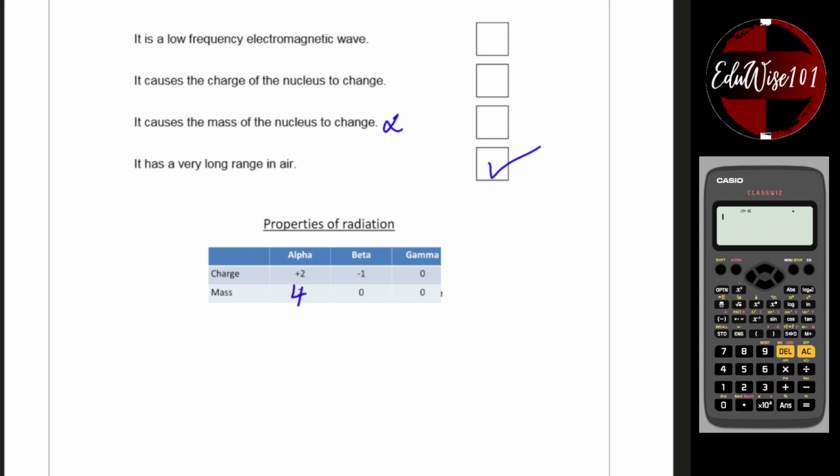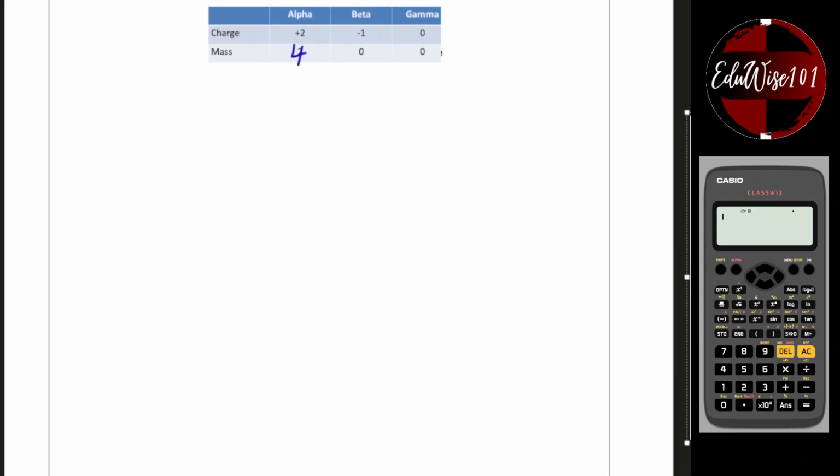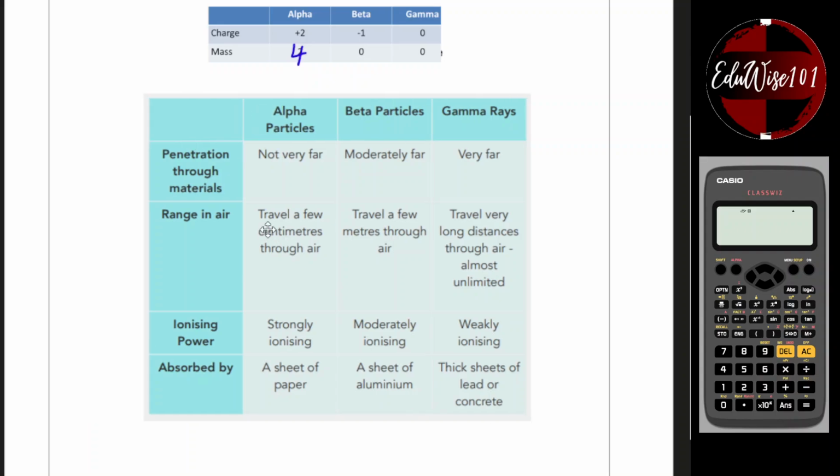And other properties of alpha, beta, and gamma are described in this box. Alpha particles' penetration through materials is only a couple of centimeters, less than 2 centimeters. Beta particles probably about 10 centimeters.